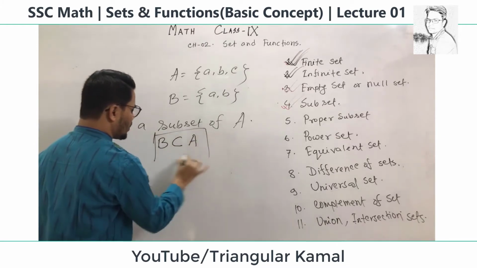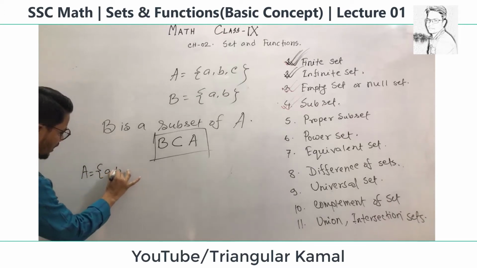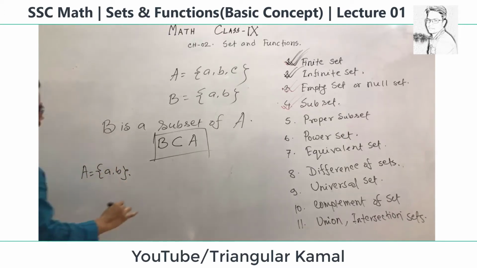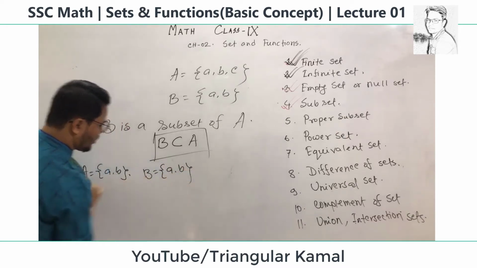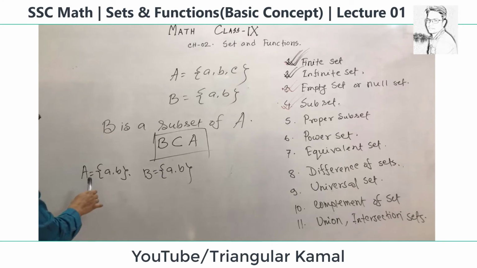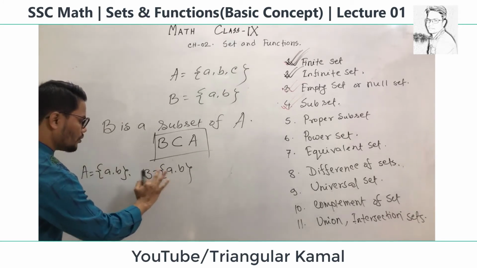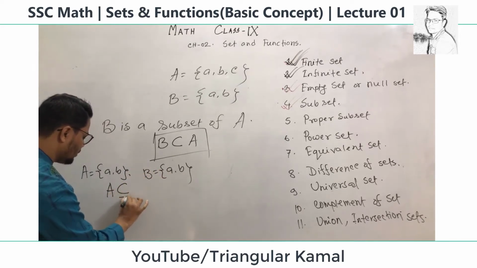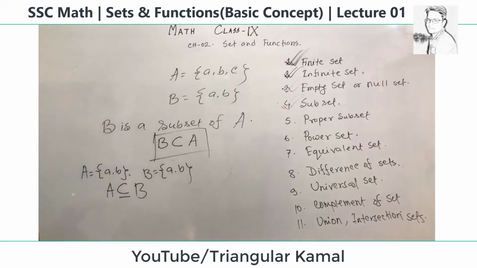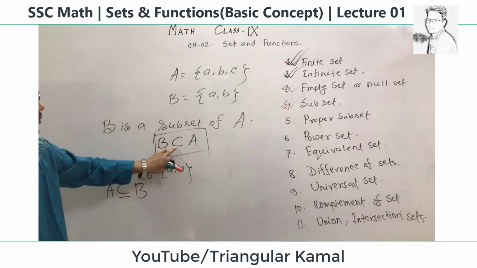Now this is the proper subset, and for another symbol, let A be a set whose elements are a and b, and B is another set whose elements are a and b. But what we see here is that a subset of A is also B, and one of the subsets of B is also A. So we can write here A is a subset of B. But this symbol, my dear students, give attention.